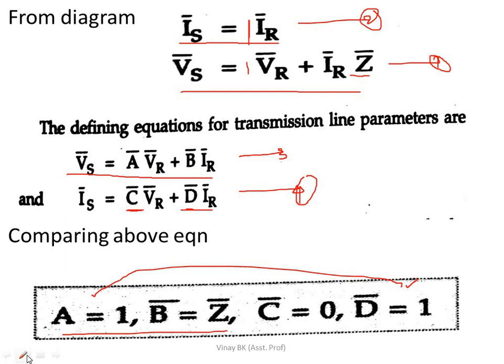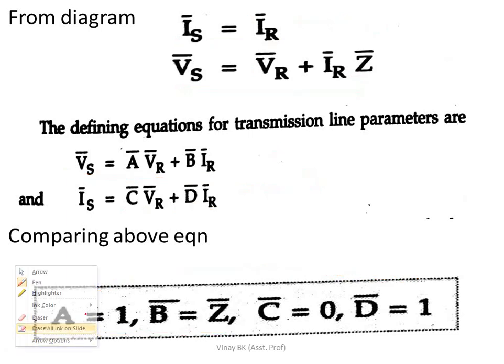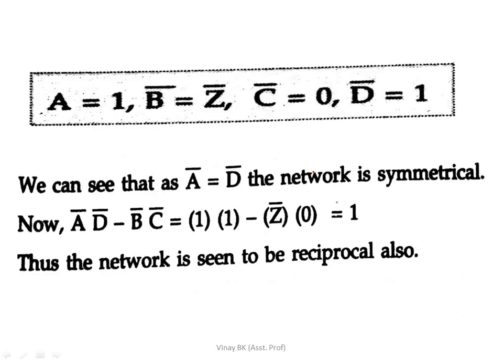To check reciprocity, we have to prove that AD minus BC equals 1. By substituting the values of ABCD in the expression AD minus BC, we should get 1.